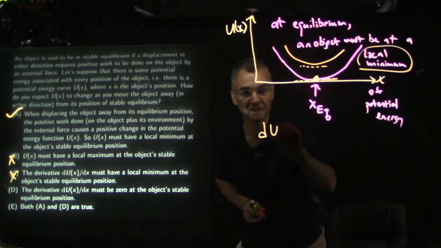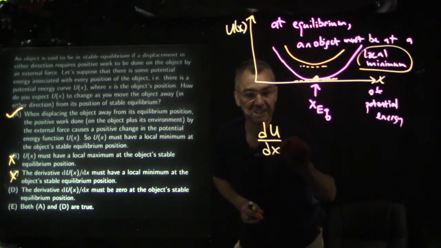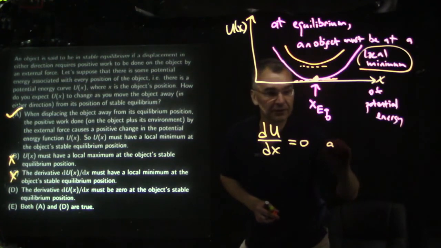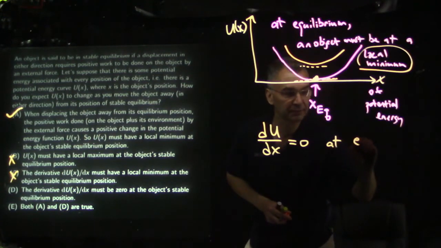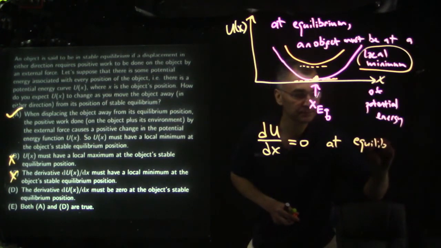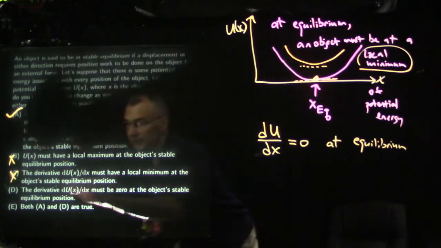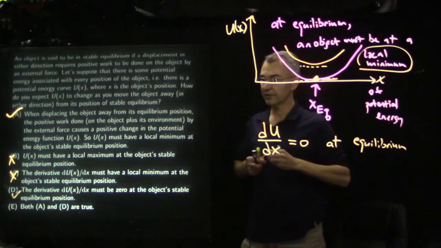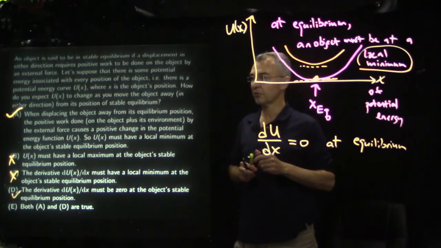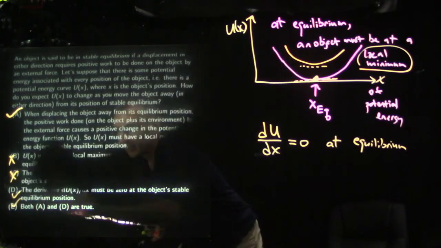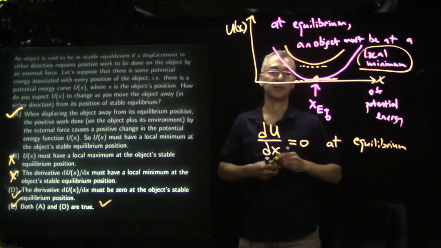So you say du by dx equals 0 at equilibrium. I think that's true. So the derivative du by dx must be 0 at the object's stable equilibrium position. So I think I like answers A and D. So I guess my answer would be E.